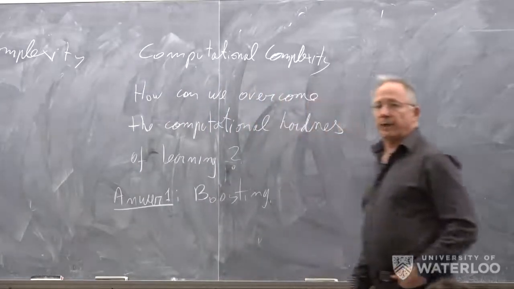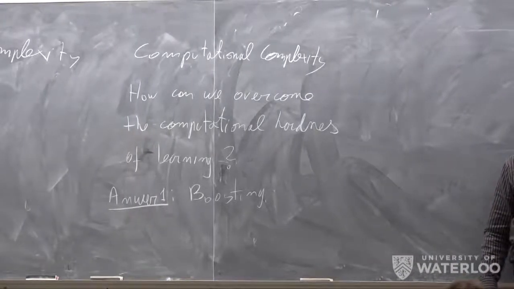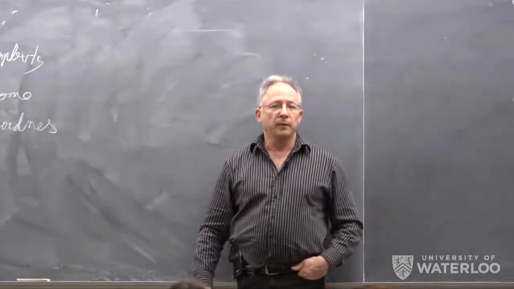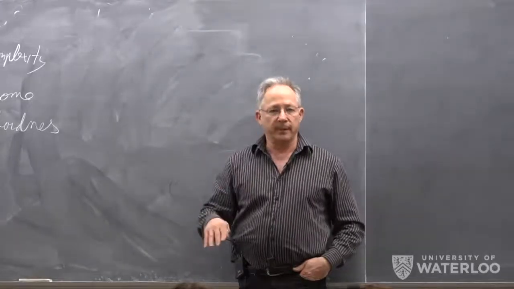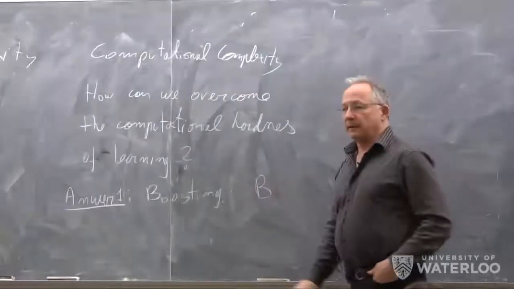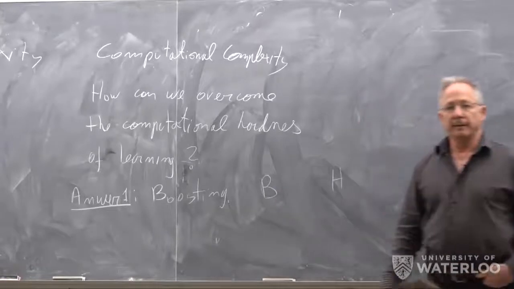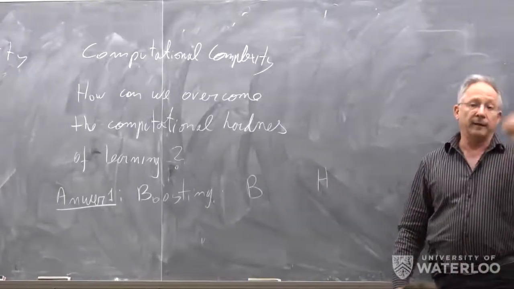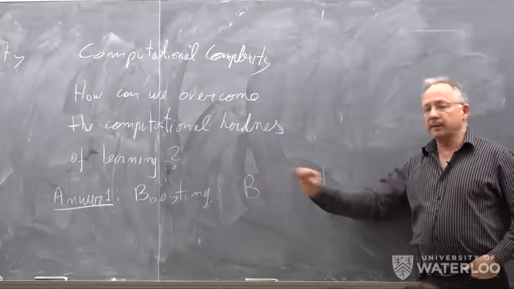You find some class which, although not as expressive as what you are shooting for, say we want to learn half spaces in some high dimension, we choose a class which is much more limited, which is just decision stumps. The advantage is that for this limited class, we know how to do ERM efficiently. Now, how will this limited class help us?